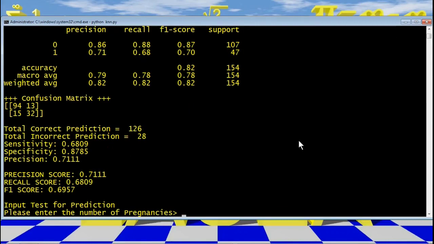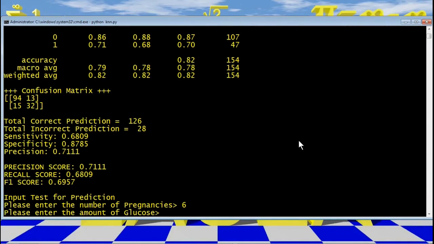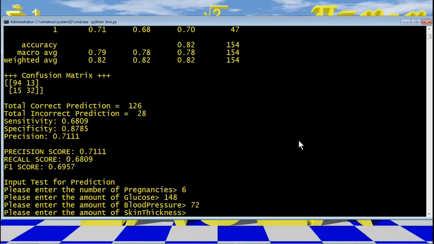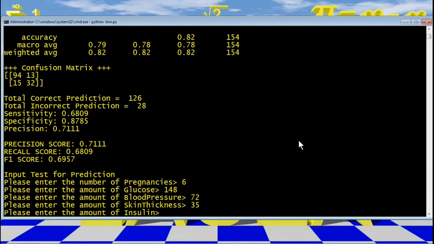Let us input some test data to predict. Please enter the number of pregnancies, 6. Enter the amount of glucose, 148. Blood pressure, 72. Skin thickness, 35. Insulin, 0.